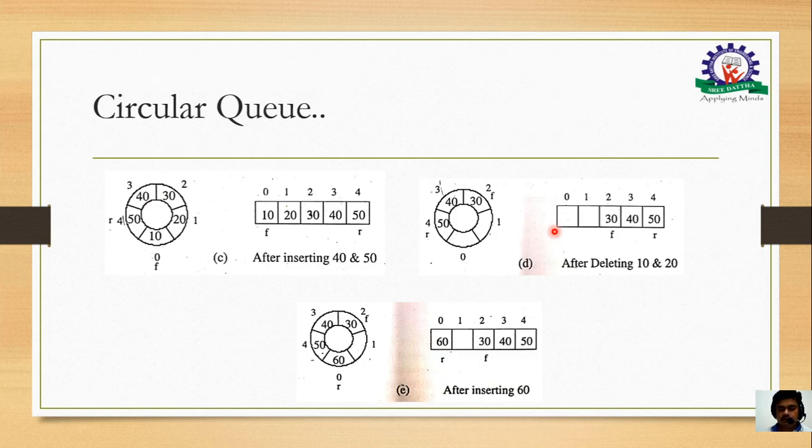As an item is inserted, increment the count by 1. If an item is deleted, decrement the count by 1. That is the normal operation. If the queue is empty, count will be 0, and if the queue is full, the count will be the queue size. So this is what we consider here as count.